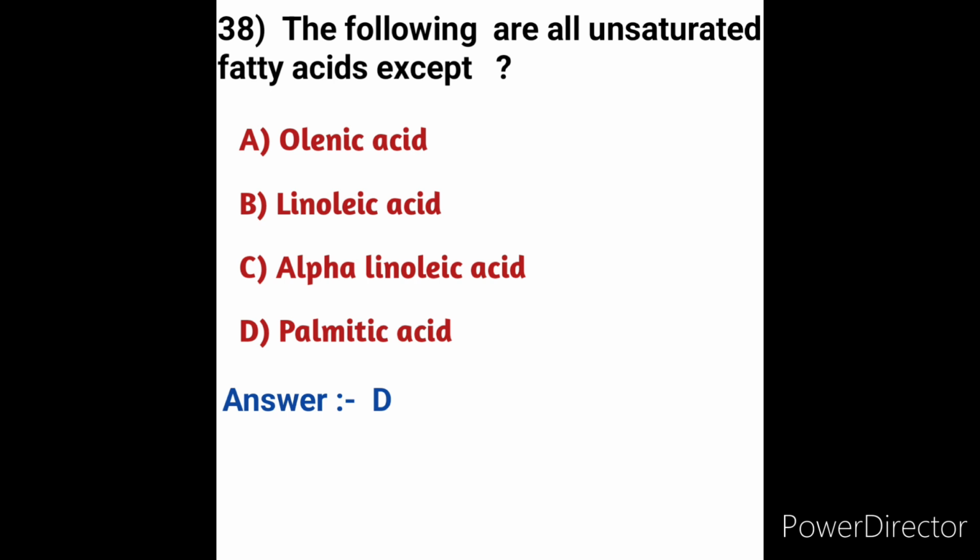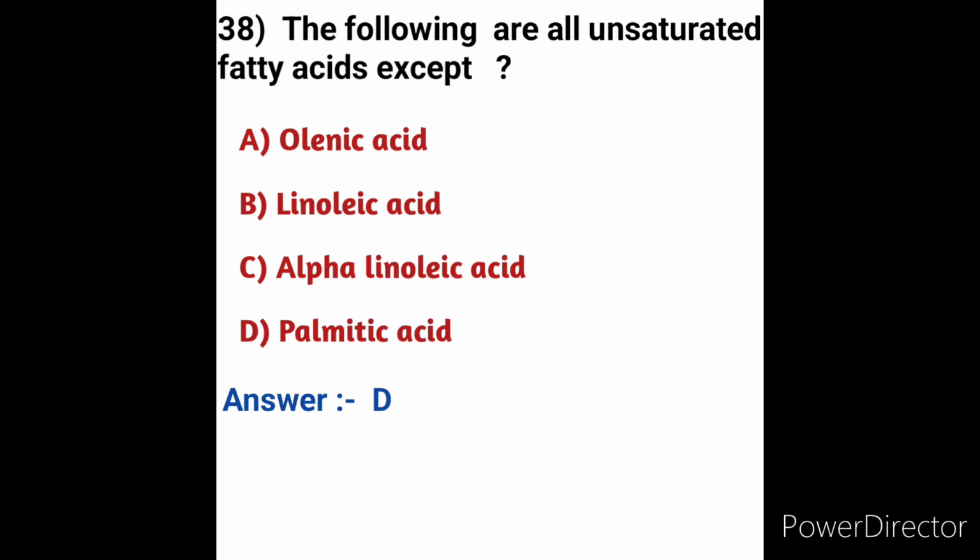Palmitic acid is a fatty acid with a 16 carbon chain. It is the most common saturated fatty acid. In this question 38, the following are unsaturated fatty acids except, palmitic acid is a saturated fatty acid, not an unsaturated fatty acid. So here option D is the correct answer.